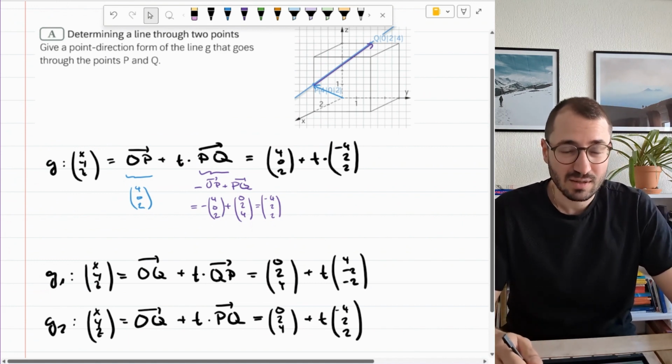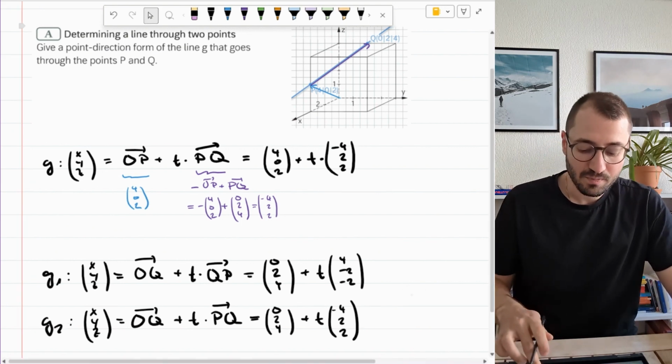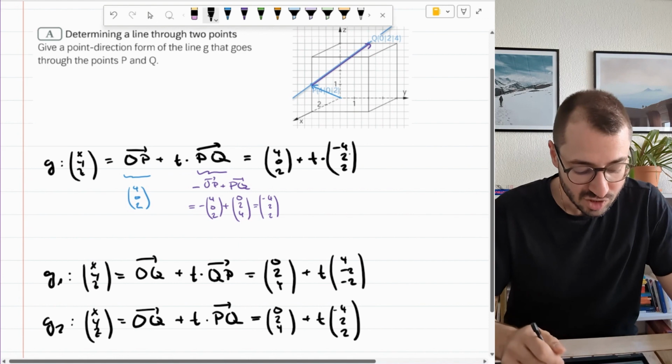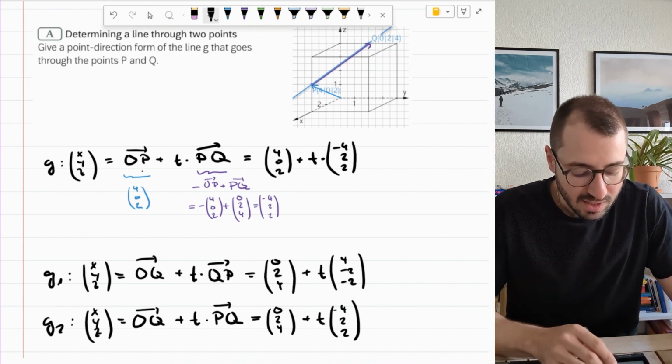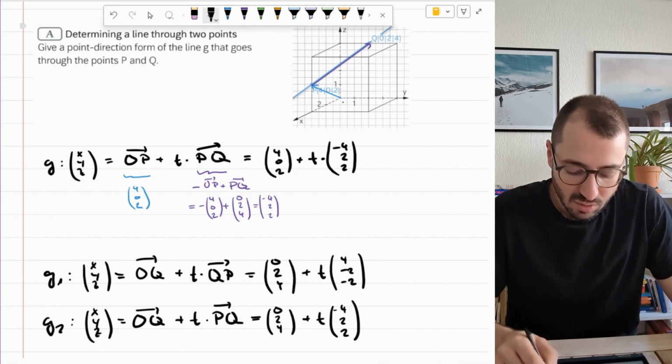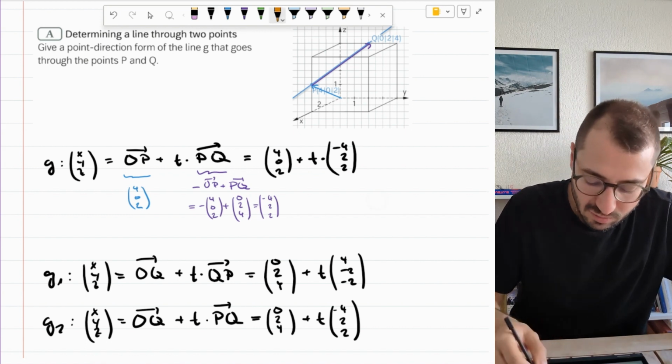Justification for that: let's look at it geometrically and then also do the calculations. Geometrically, if you plug in 1 for t, you get OP plus PQ, so you should end up at the point Q in this case. Let's quickly confirm this.